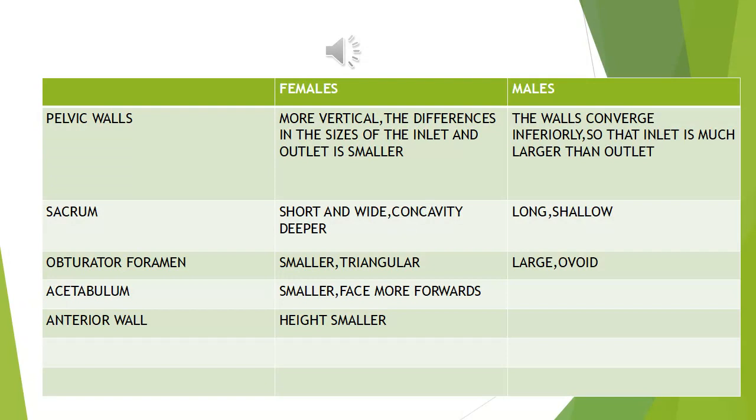That's why the acetabulum is smaller and it faces more forwards. And the height of the anterior wall of the pelvis is smaller in the case of females. So these are all the differences that exist between the male and female pelvis.